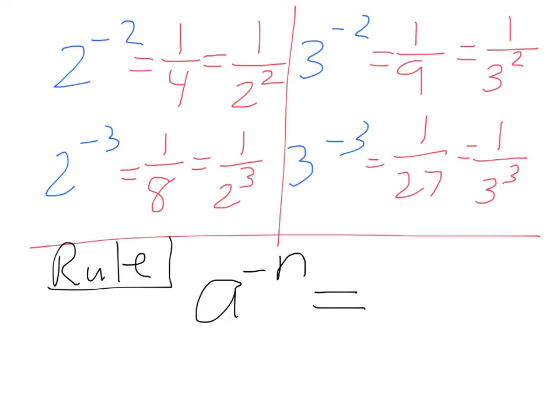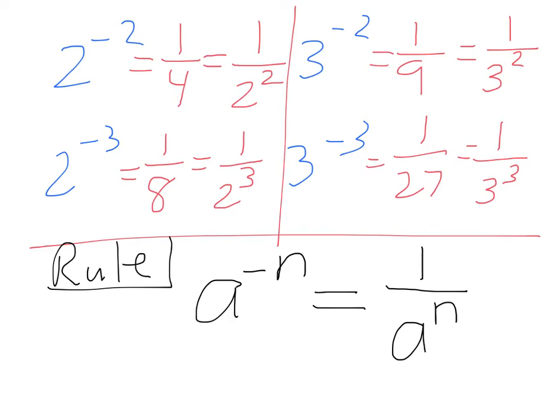Oh, 1 over a that negative, or a over the number. What? It's the 1 over a of the exponent. Okay, 1 over a to the nth power.